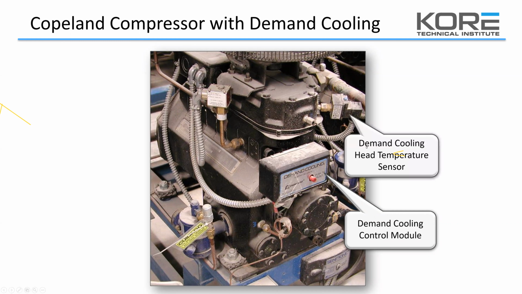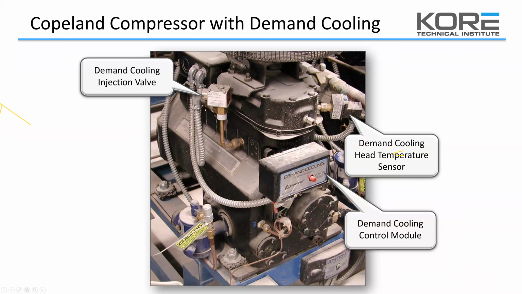So this bullet point is in the wrong spot. It's actually pointing to the high pressure control. I don't know if you guys can see my mouse hovering over here, but the sensor is actually this small little silver hex directly in the front center of the cylinder head.